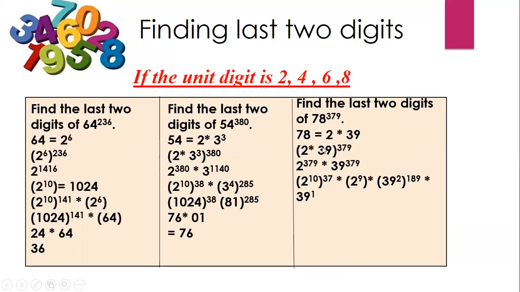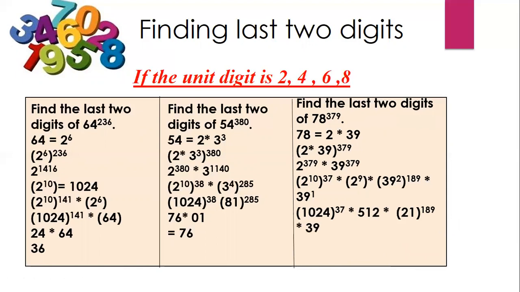This will give me 370, and we have 9 separately. So we are separating it like this. Same way for 39: 9 has a cycle of 2. So 39 square to the whole power 189 will give 378. So we have one more 39 left over, so into 39 power 1.